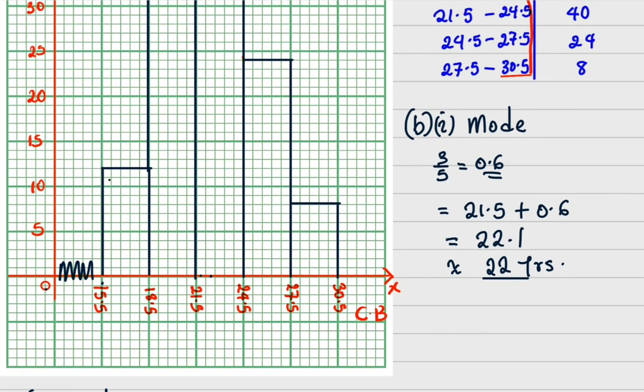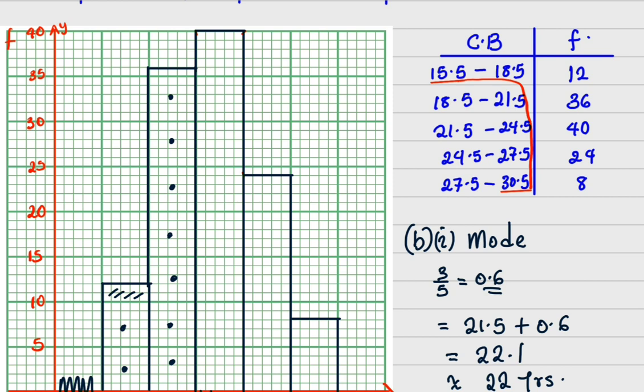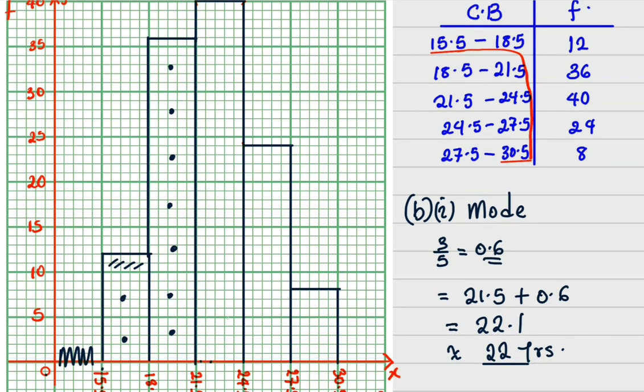Now, I will not count this because it's not up to half of a box. So I will count. This is 1, this is 2, 3, 4, 5, 6, 7, 8, 9. Okay, I have 9, but I need 12. So I need 3 more. But you see, this next one is 1, 2, 3, 4, 5, 6, 7, 8. It's actually more than 3.